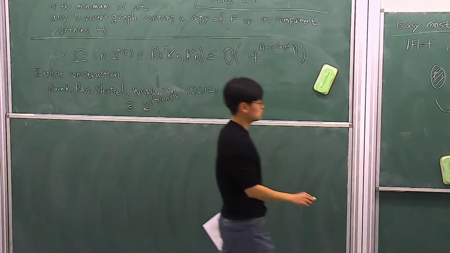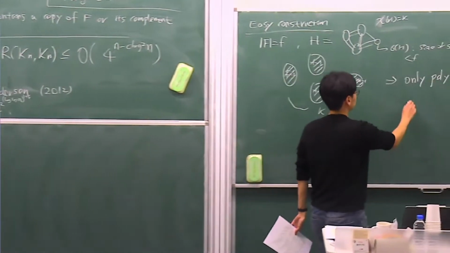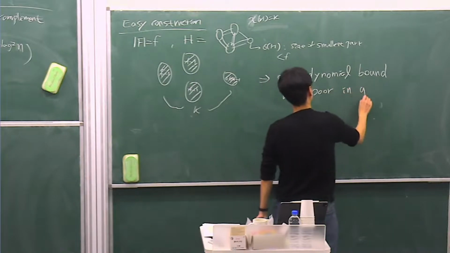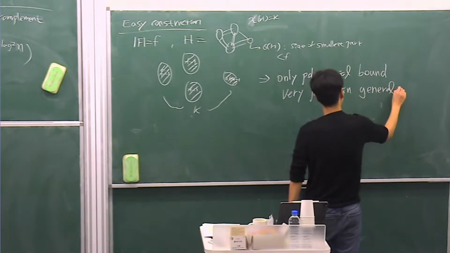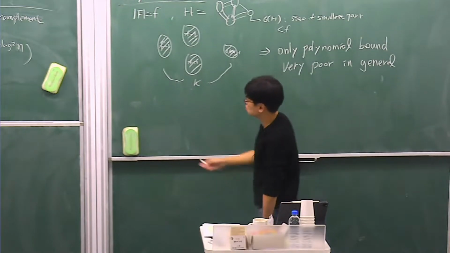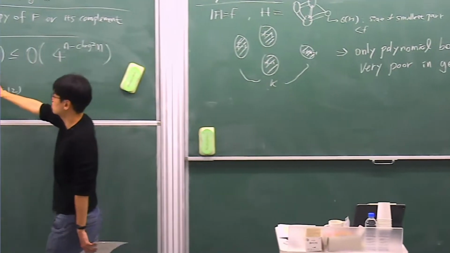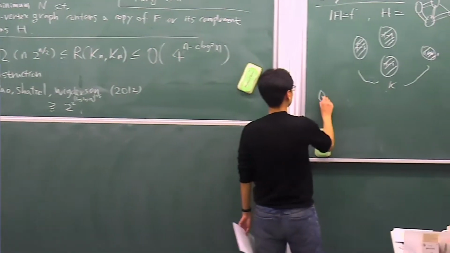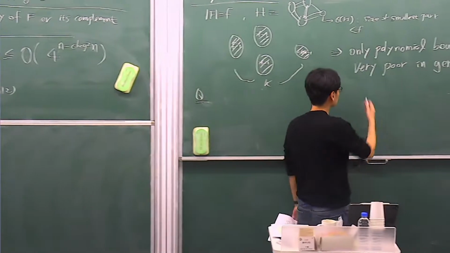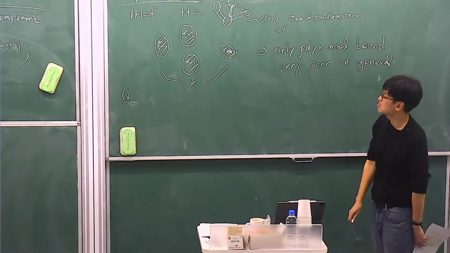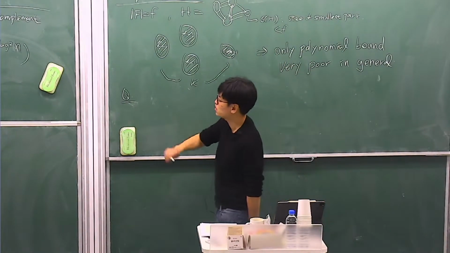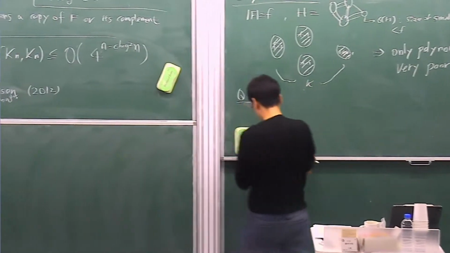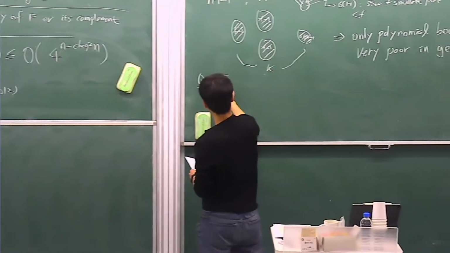So this is, in general, a very poor bound. Since the Ramsey number for general graphs is extremely difficult, and this doesn't give you a good construction, we can naturally ask: if we change the graph, can you make this a good bound?